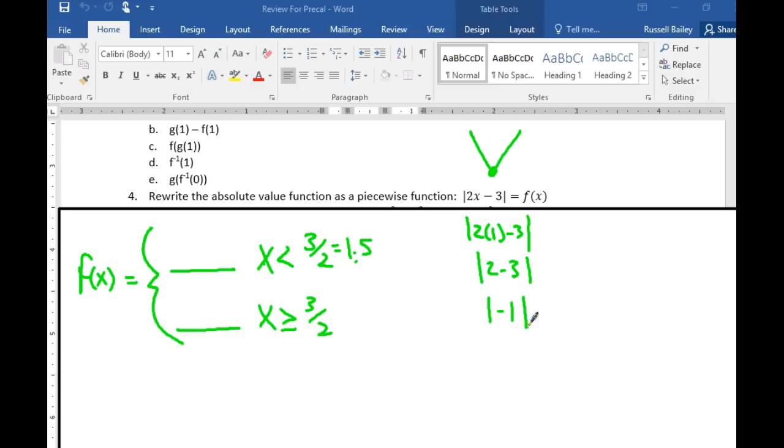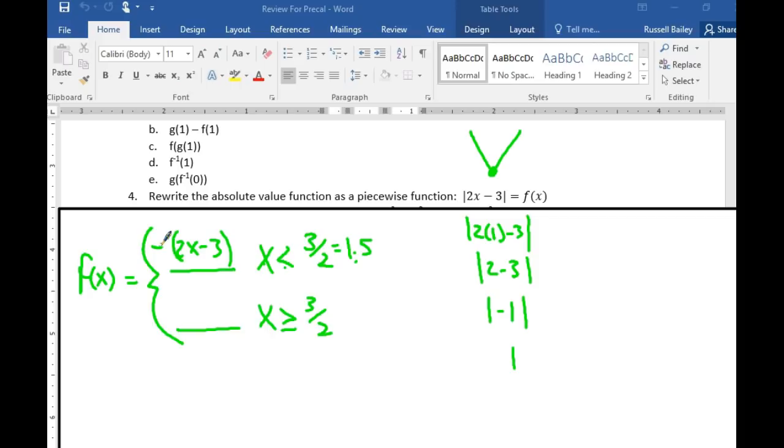that. Now here's our question. Is the absolute value going to change the sign of that value? The answer is yes. It changes it to a 1, right? So what that tells me is that for anything to the left of 1.5, our 2x minus 3 is going to end up having its sign changed.